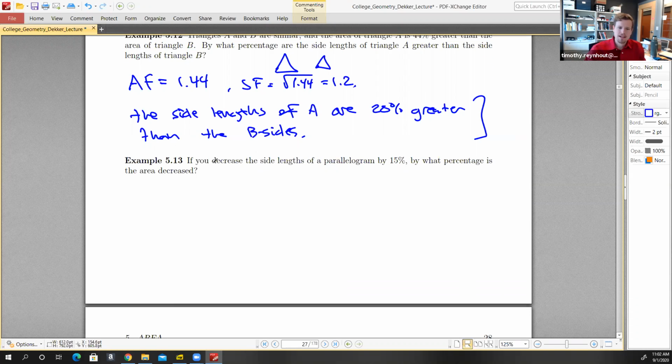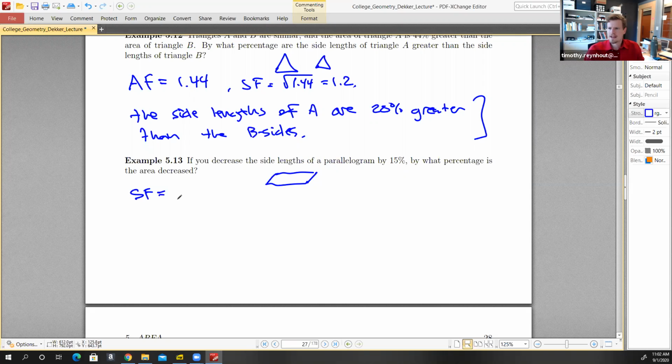All right, anyway, so one more example and then we'll be done. If we decrease the side lengths of a parallelogram, if we decrease the side lengths by 15%, by what percentage is the area decreased? Well, if we're decreasing the sides, right, we're having some scaling factor.